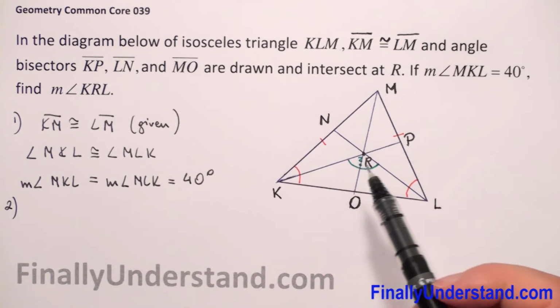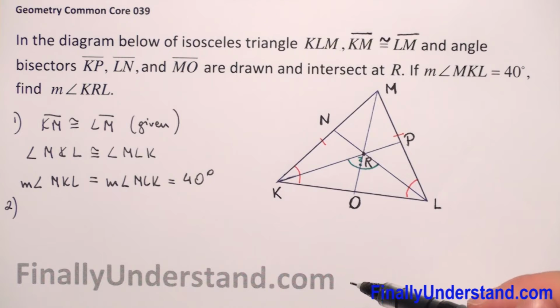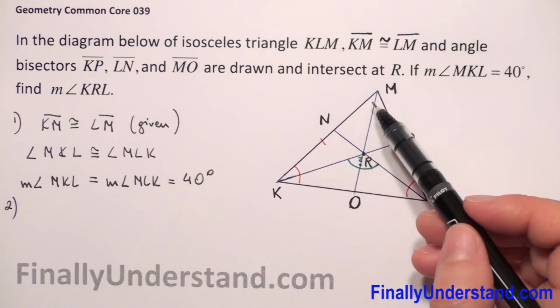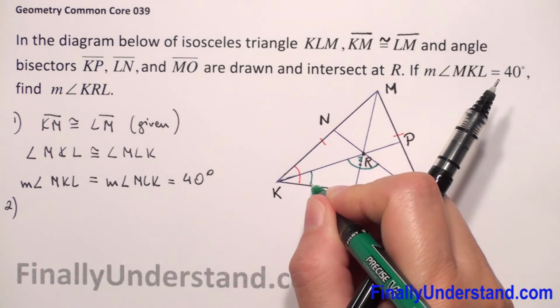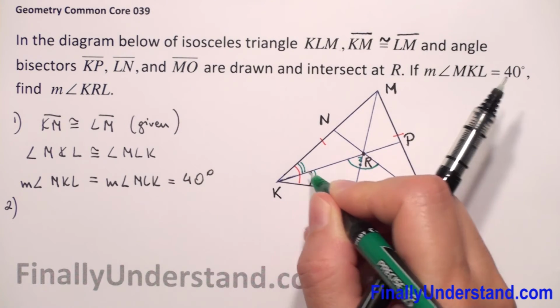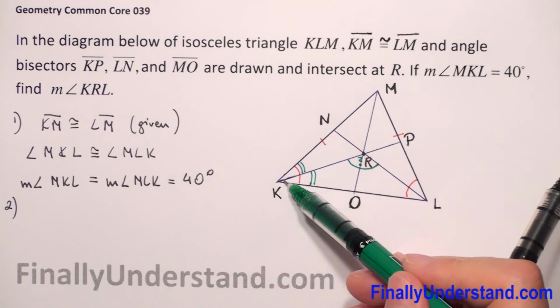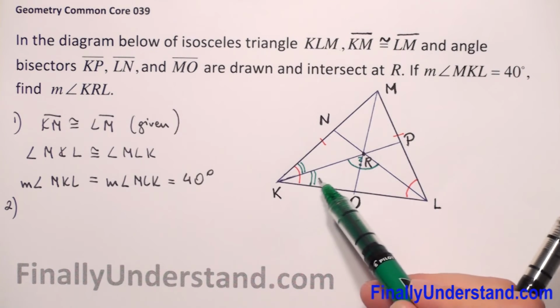Also, we are given that KP, LN and MO are bisectors. It means that they divide an angle into two equal angles. So segment KP divides angle MKL into two equal angles. So if MKL is 40 degrees, the measure of angle RKL will be half of 40 degrees.